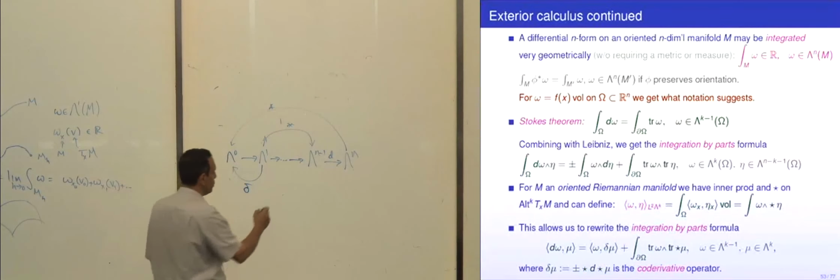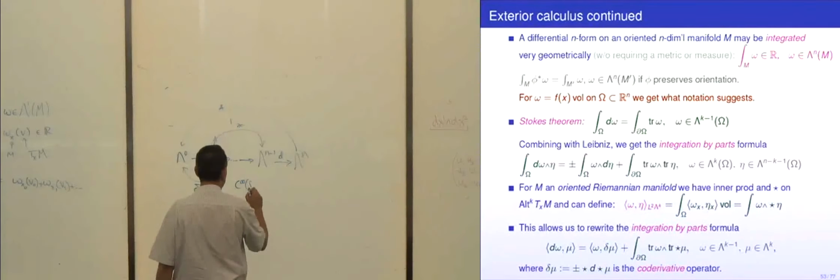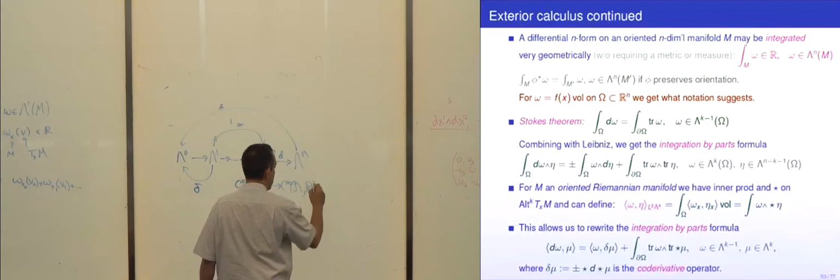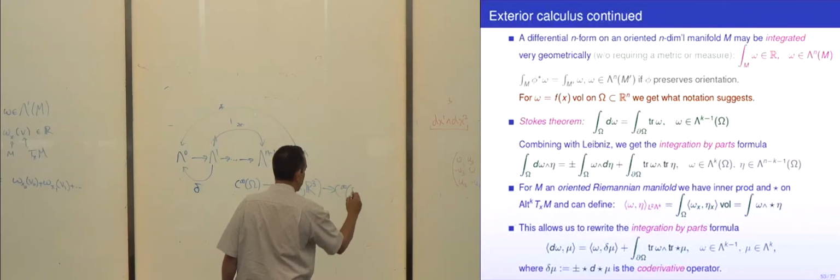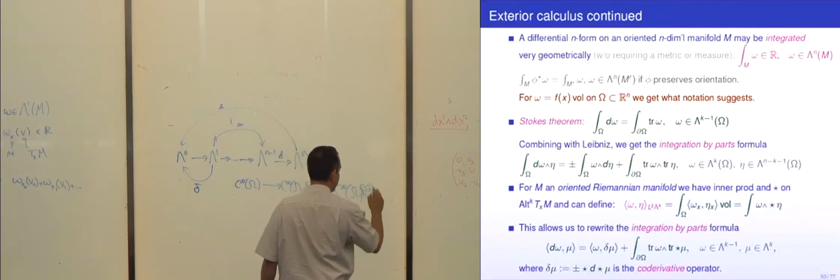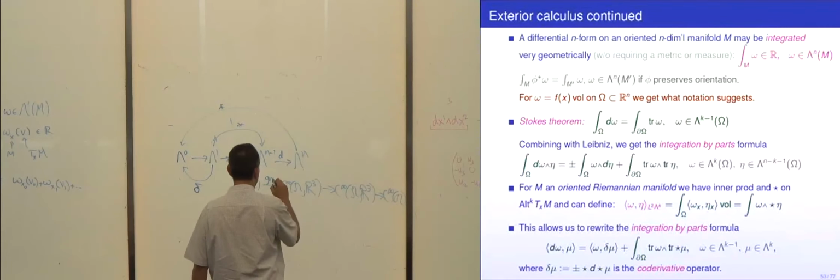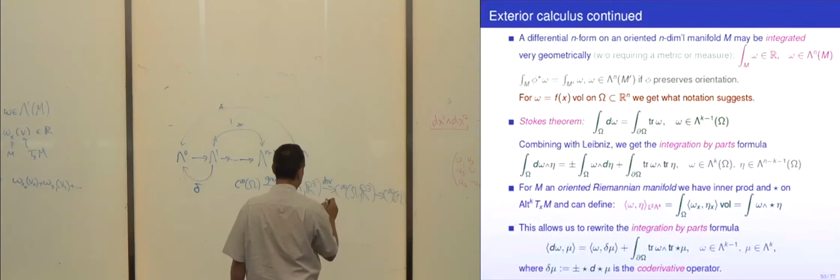What it would be if we were talking about C infinity functions in R3 to C infinity vector fields in R3 to C infinity vector fields in R3 to C infinity functions. And this is grad, curl, div.